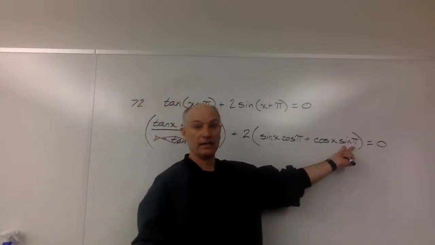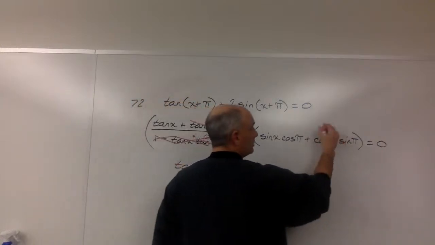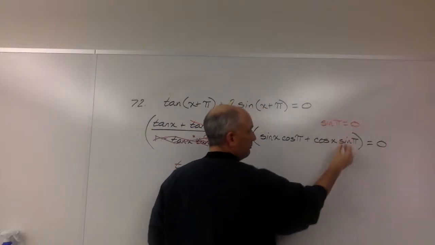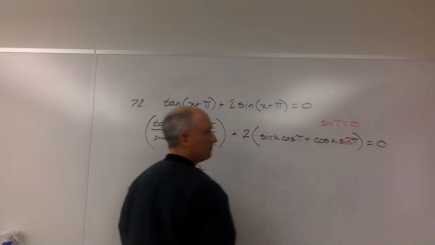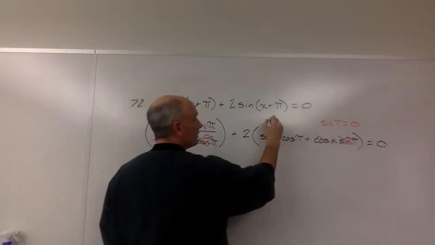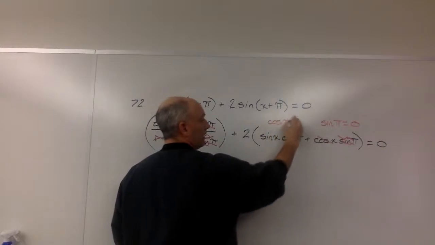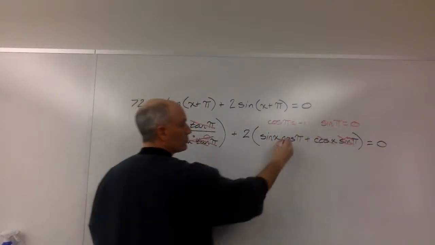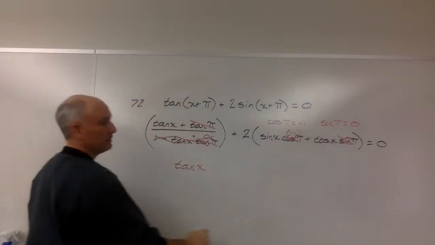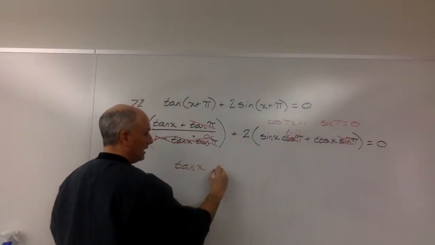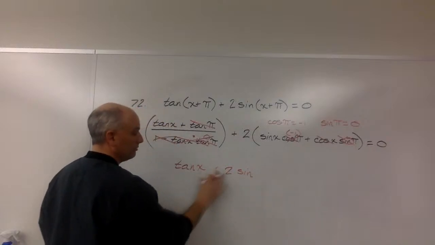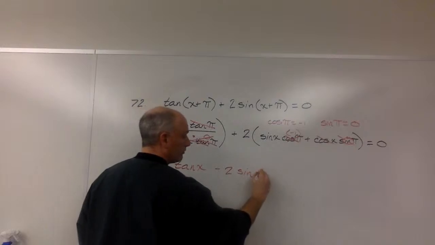The sine of pi is 0, so this all becomes 0. That completely goes away. The cosine of pi is equal to -1. So what happens is that this becomes a -1. So by the time it's done, I've got 2 times the sine, or excuse me, not a positive, but a -2 sine of x.